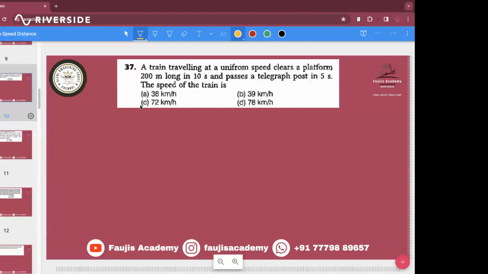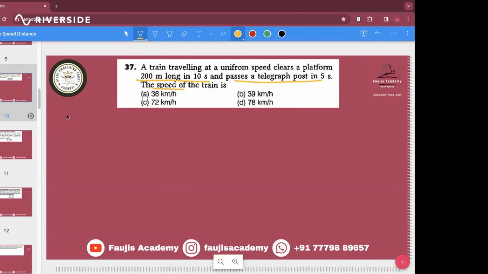They are saying that a train is traveling at a uniform speed and clears a platform 200 meters long in 10 seconds, and passes a telegraph post in 5 seconds. What is the speed of the train? So there are two scenarios. In the first scenario, the train is passing a 200-meter-long platform in 10 seconds.